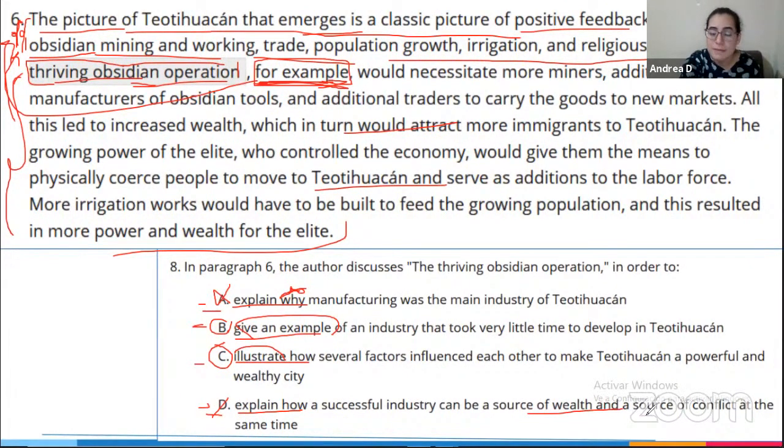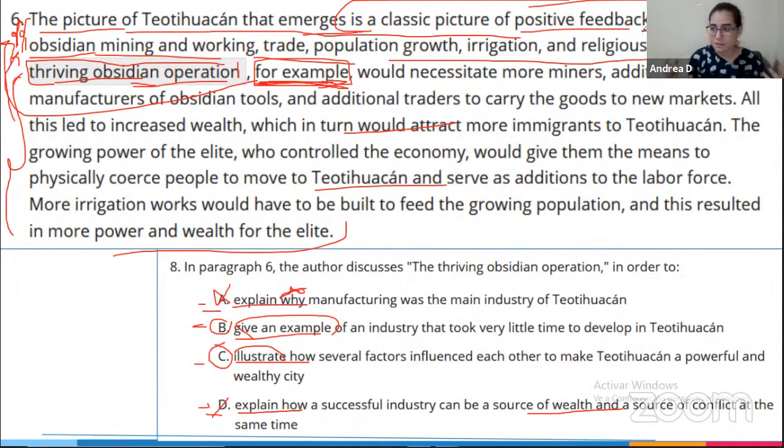I'm not sure whether that's the main idea. I would say that the main idea is how this was a positive or a classic picture of positive feedback, which basically means that all of the factors like mining and religion and population growth, basically everything helped.